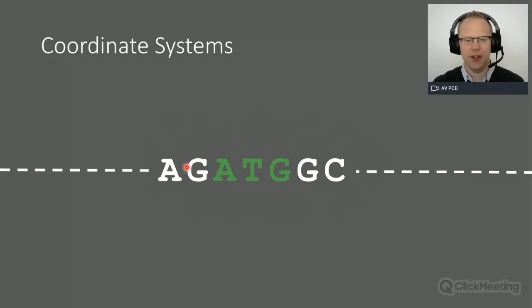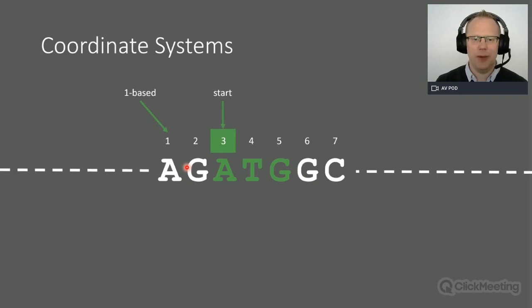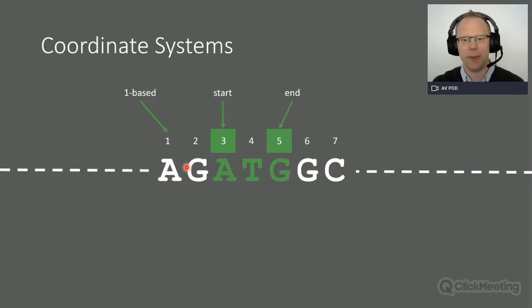As I said, there's 2 systems for this. One of them essentially starts numbering bases from 1 and numbers the remaining bases sequentially up to 7. And this system is called a 1-based system because it starts at 1. Now the feature in the middle, this ATG that we're looking to describe as coordinates, can be described as having a start position of 3 and an end position or coordinate of 5.